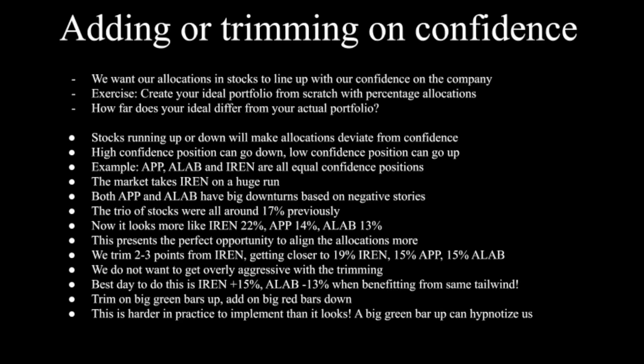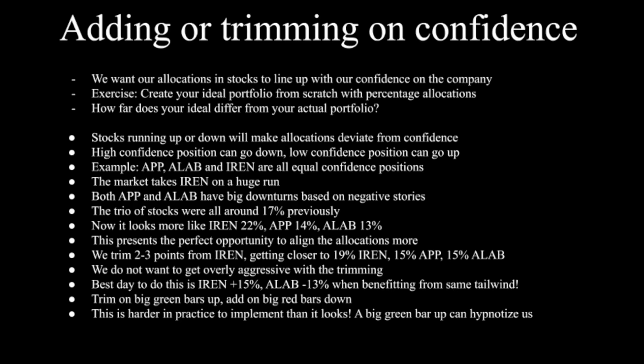Some key points are that stocks running up or down will make our allocations deviate from our confidence. And it should be fairly obvious that a high confidence position can go down in price, or a low confidence position can go up in price. Here's a recent example to see how to think about this.